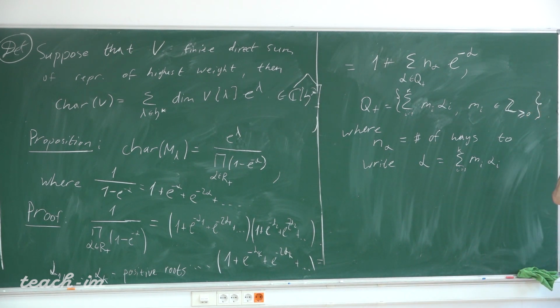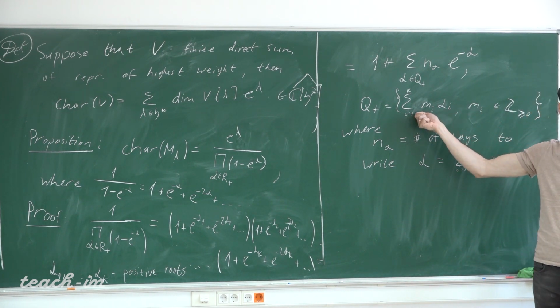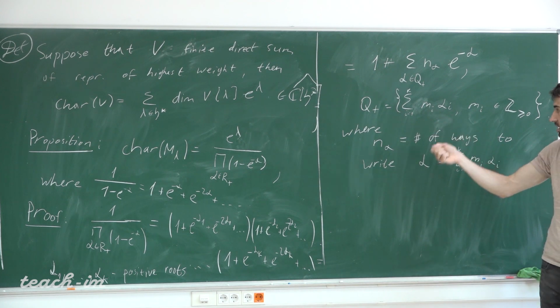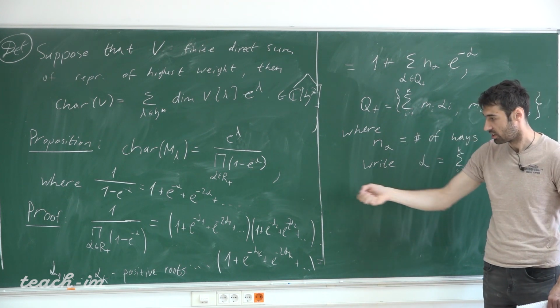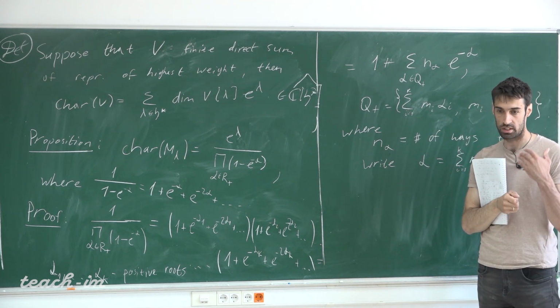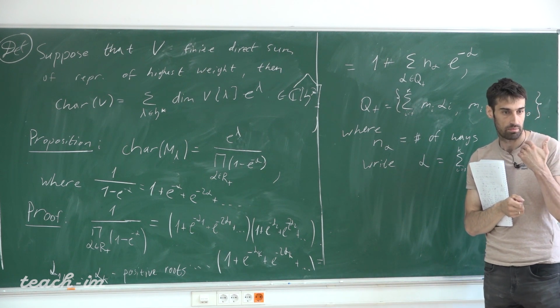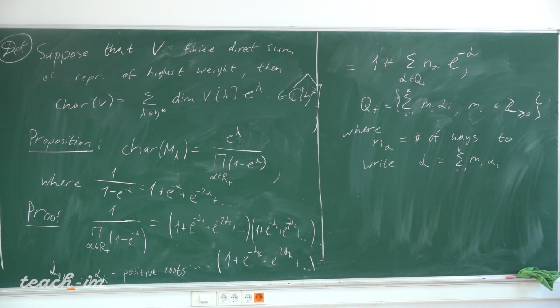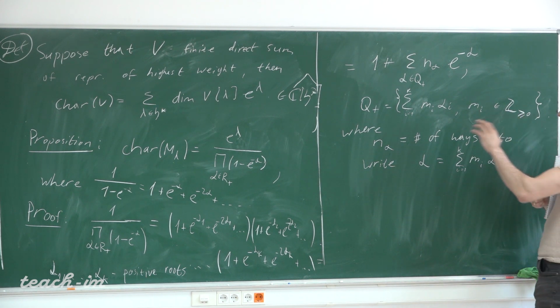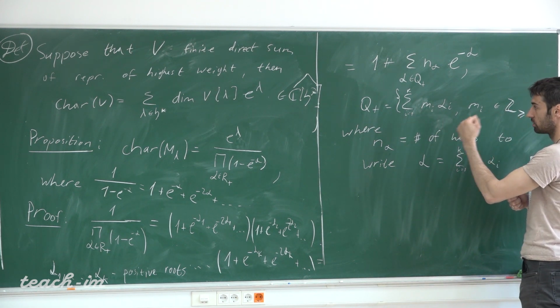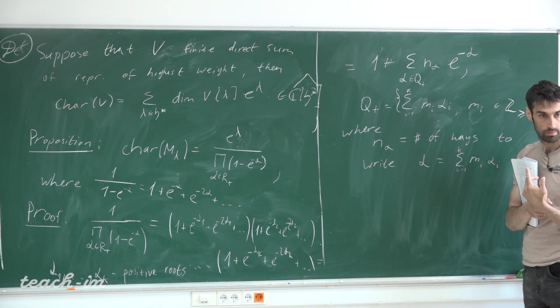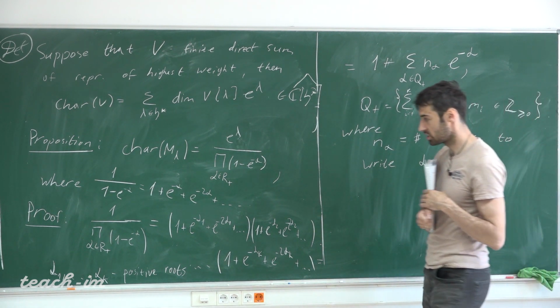So you pick some alpha from Q plus. Since there are more positive roots than the dimension of H star R, there are different ways to write a given root in such a form.